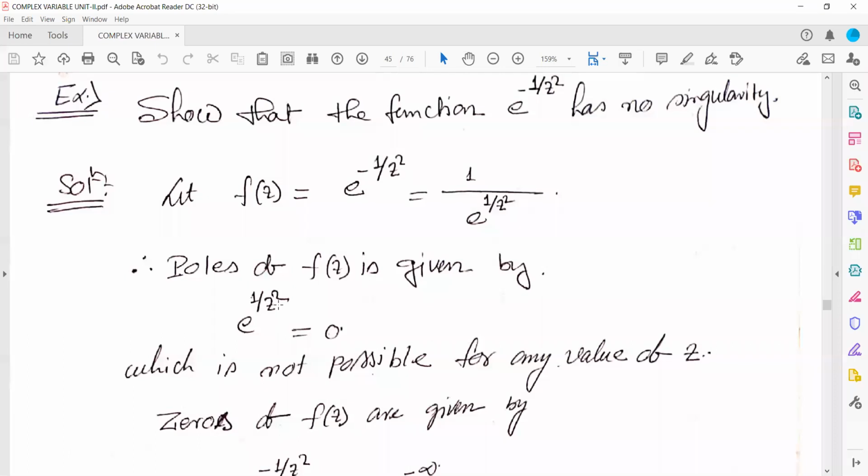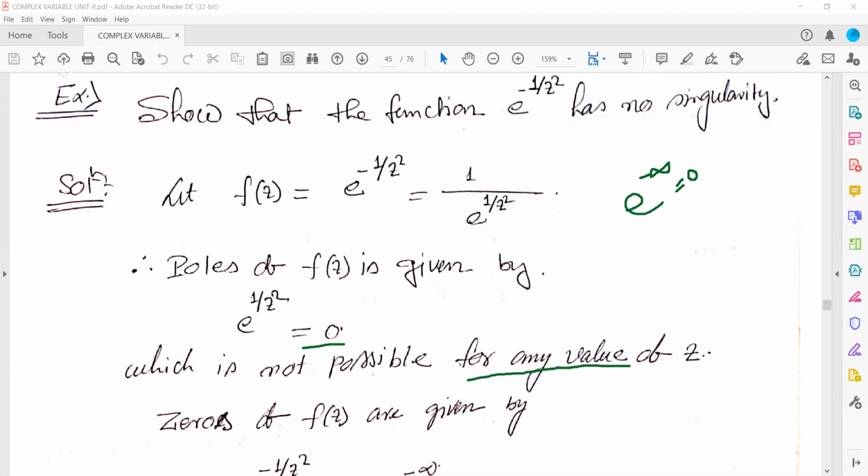The only way the exponential will be 0 is e to the power minus infinity. But how will you get minus infinity here? You won't. So no value of z makes it equal to 0. So you are not getting any pole.